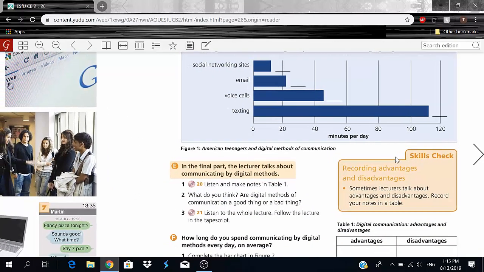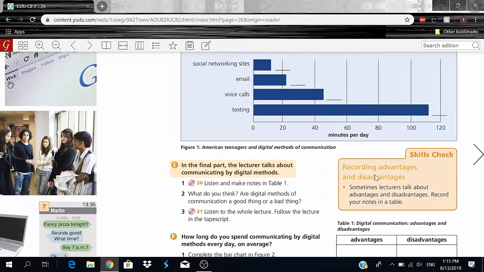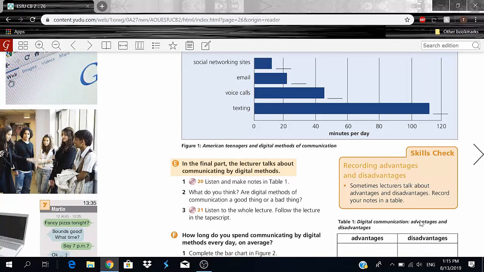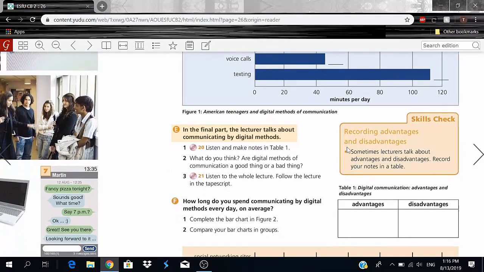Alright, so let's hop into this skills check here, you guys. Here we have recording advantages and disadvantages. You're actually gonna hear this quite a lot. When lecturers talk, sometimes they want to have a clear differentiation between advantages and disadvantages. So what you want to do when taking notes is make a table like this one, and go over the advantages and disadvantages as the lecturer goes.